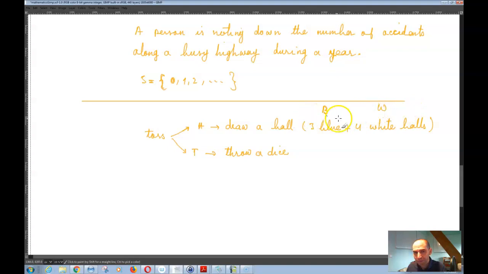Then the sample space of the experiment is, if you get heads, you get all the balls, and if you get tails, you throw the dice.